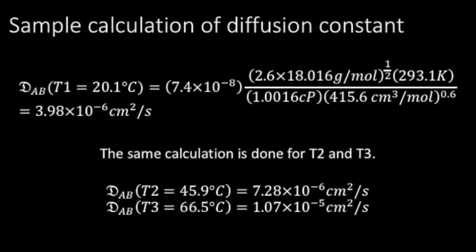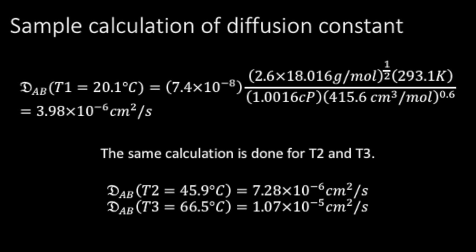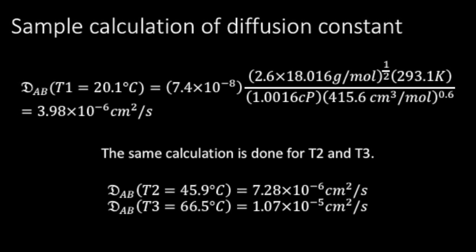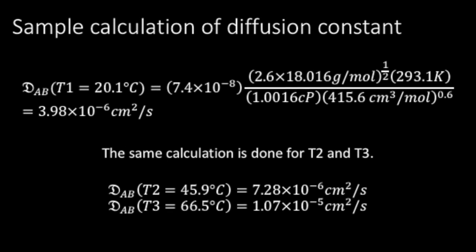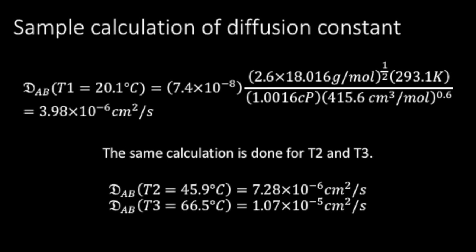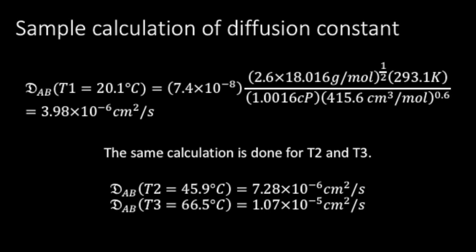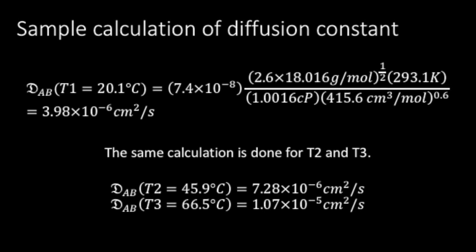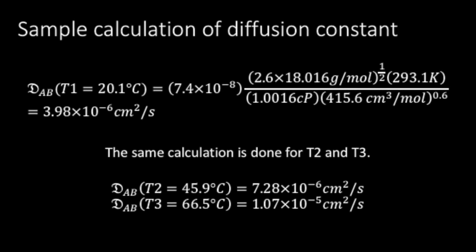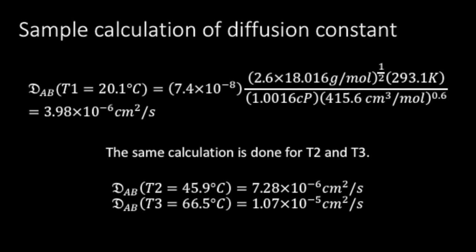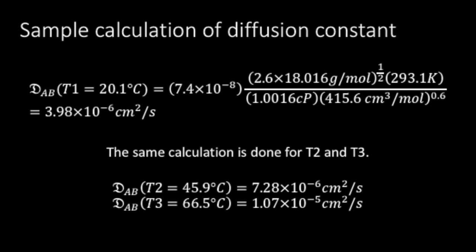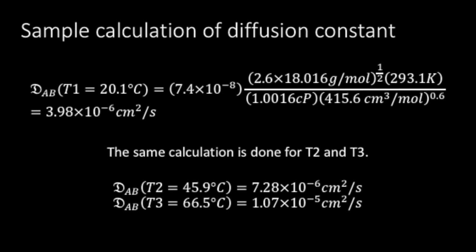The viscosity used is in centipoise, which at 20.1 degrees Celsius is 1.0016 centipoise. The result, by plugging everything into the Wilke-Chang equation, is 3.98 times 10 to the negative 6 centimeters squared per second for a temperature of 20.1 degrees Celsius.